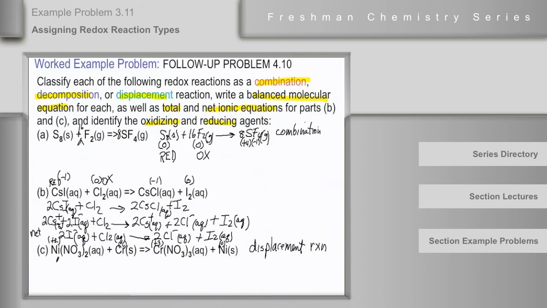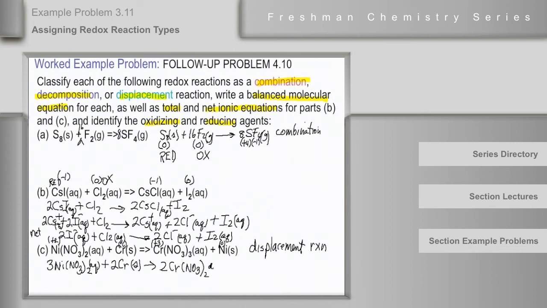And to balance it, there must be 3 nitrates per chromium over here, and the nitrates come 2 at a time, so we're going to have to take 3 nickel nitrates plus 2 chromiums goes to 2 chromium nitrate.